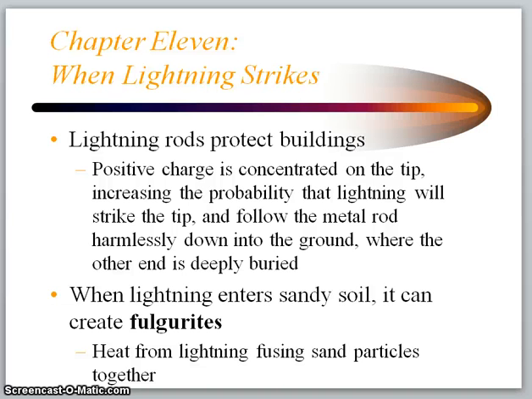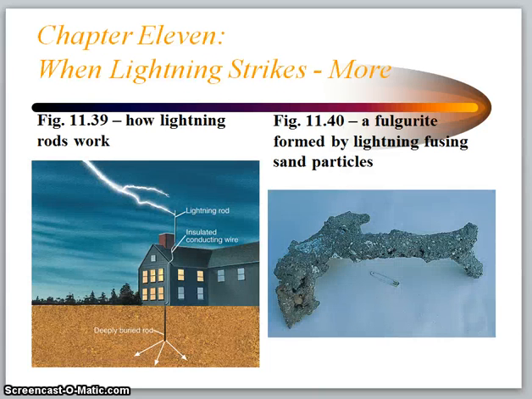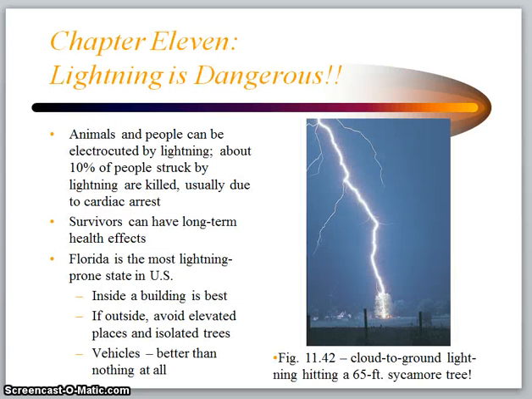The other end of the lightning rod is deeply buried in the ground, and that tends to take the electrical conductivity down into the ground. When lightning enters sandy soil, it can create the strange formations called fulguroids, where the heat fuses the sand together. And 11.39 in your book shows how lightning rods work.